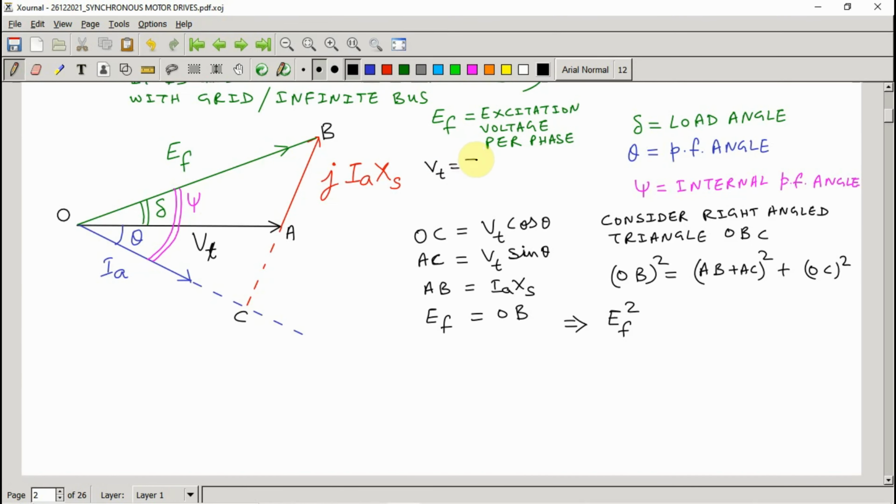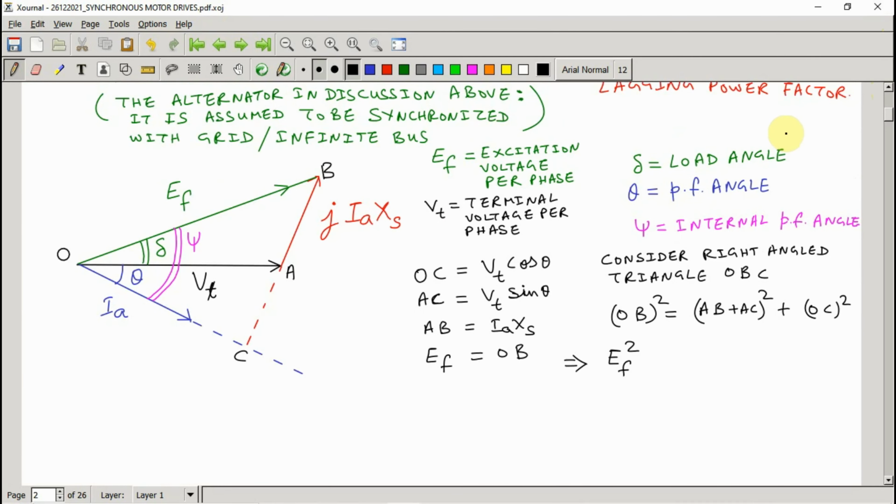Vt is the terminal voltage per phase. IA is the armature current per phase. So IA stands for armature current per phase.